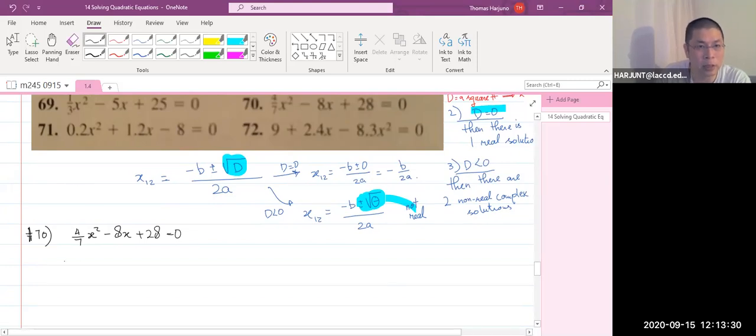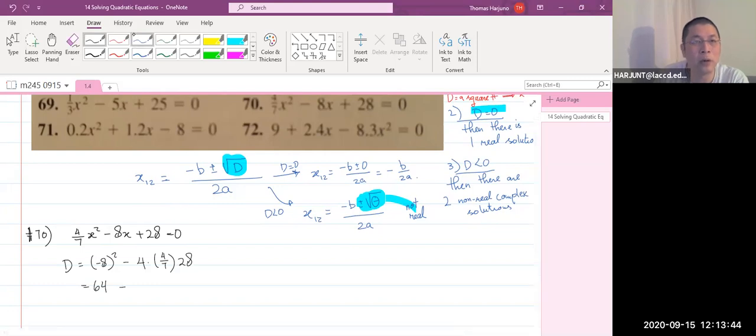The discriminant is b squared minus 4ac. That's 64 minus, I can cancel all this. This is 4. Oh, 4 times 4 times 4, that's 64 also.